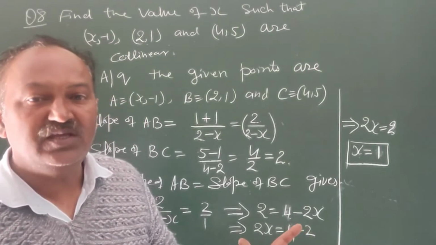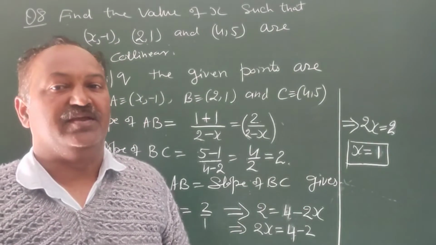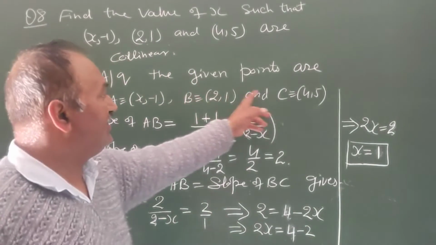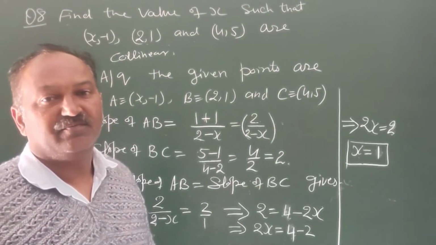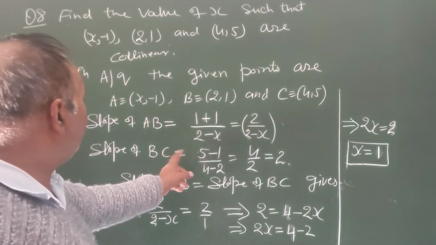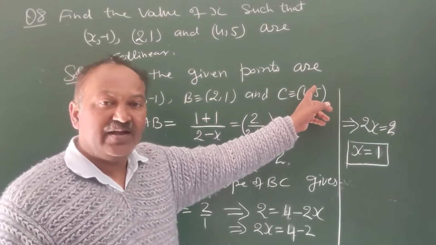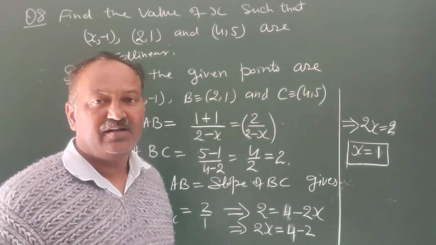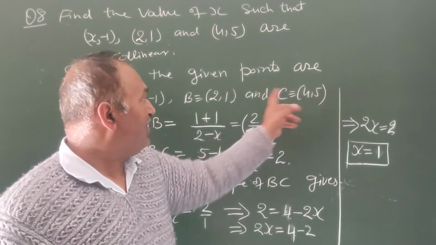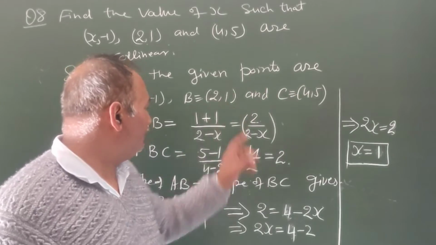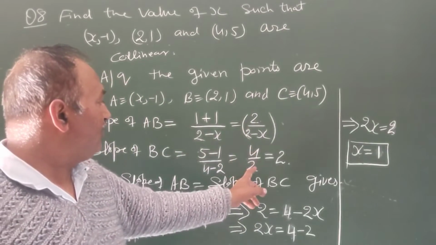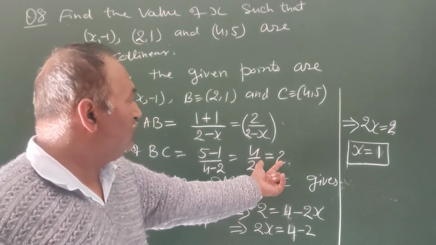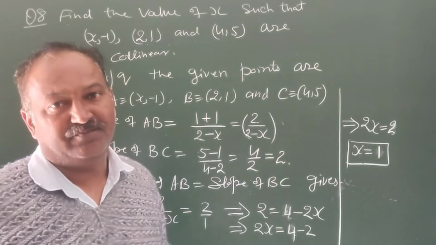Now let us find the slope of BC. Again applying the formula y2 minus y1 upon x2 minus x1, we get 5 minus 1 upon 4 minus 2, that is 4 upon 2, which is equal to 2.